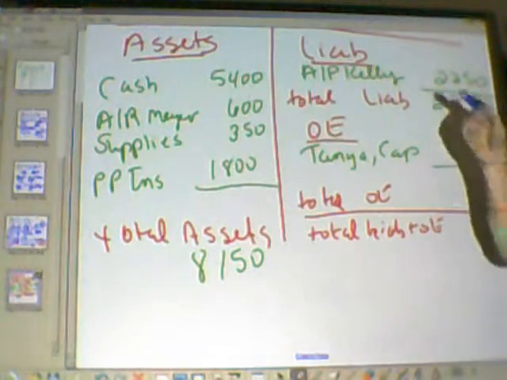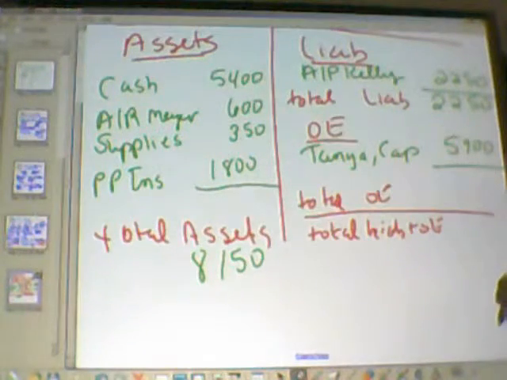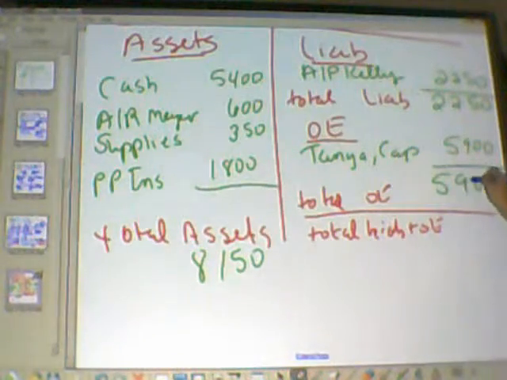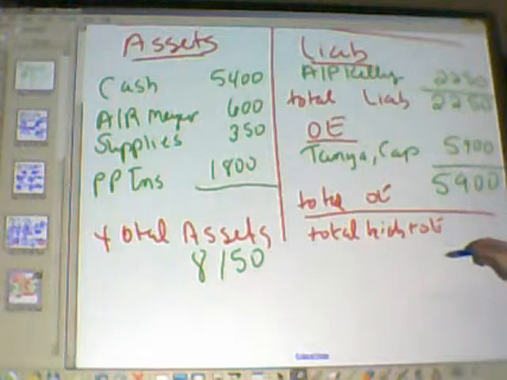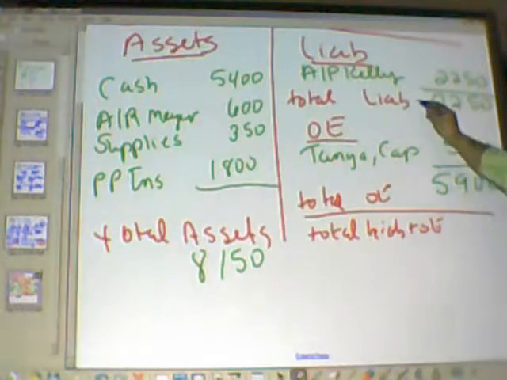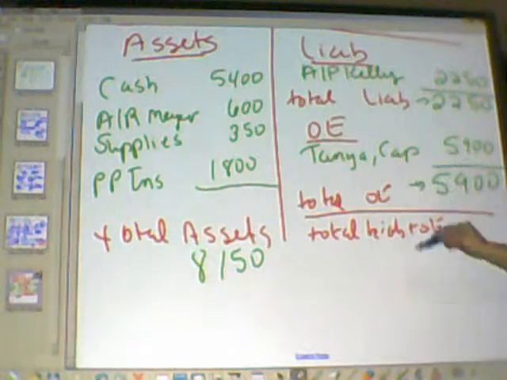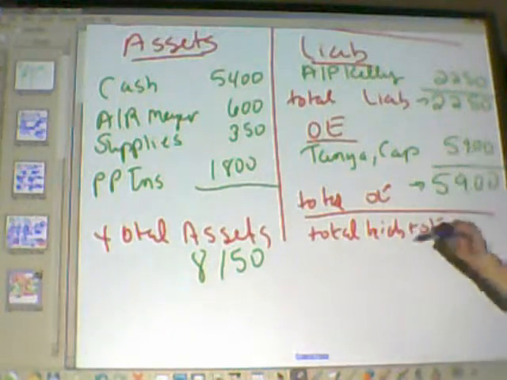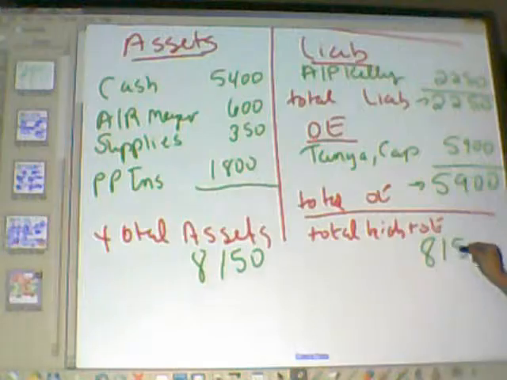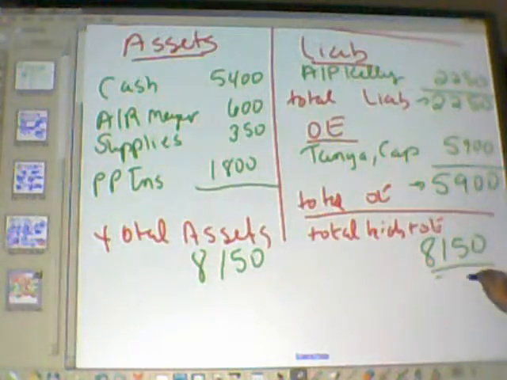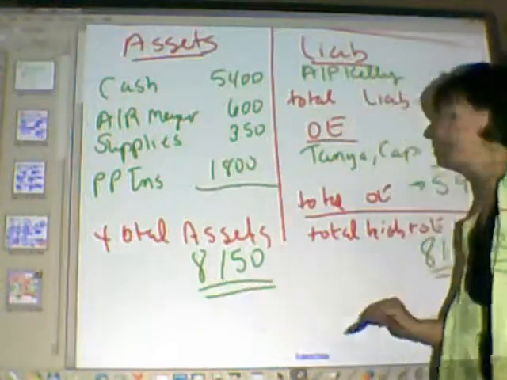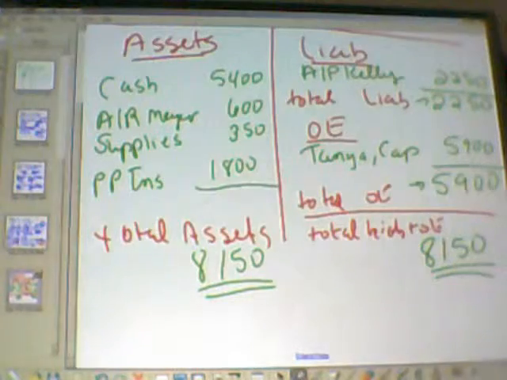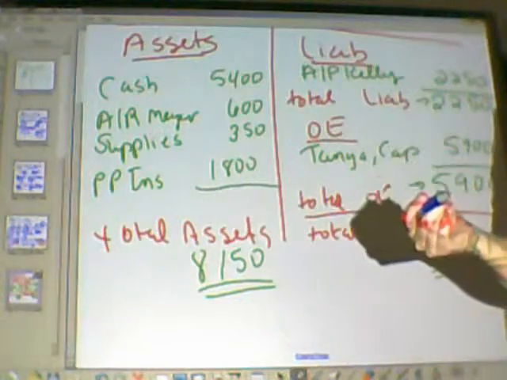What's our total owner's equity, Tiffany? 5,000. Okay. What is our total liabilities plus our total owner's equity? Our left side equals our right side. Technically, this is a balance sheet. We'll do the formal way later.